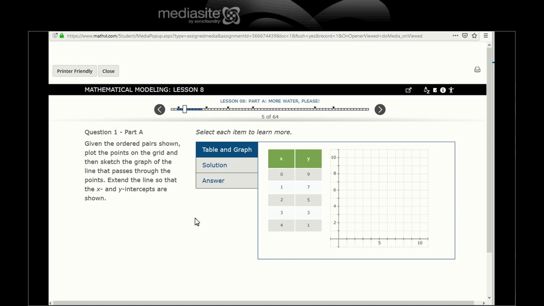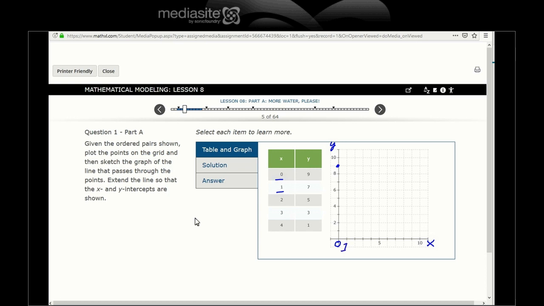All right. So recall, horizontal is x, vertical is y. So in this case, when x is 0, y is 9. So let's go up 9. When x is 1, y is 7.